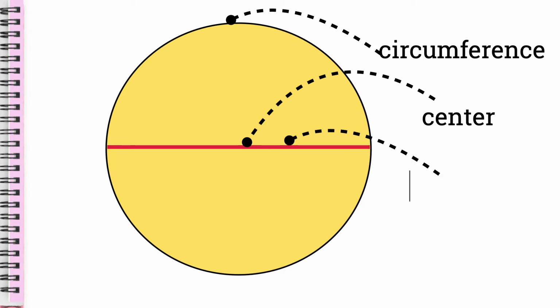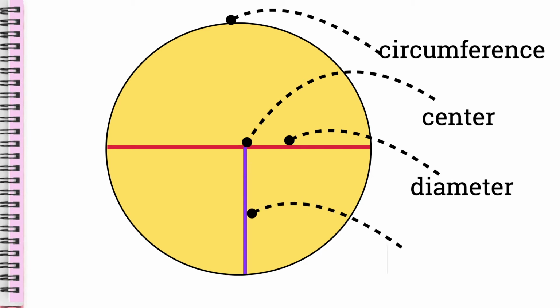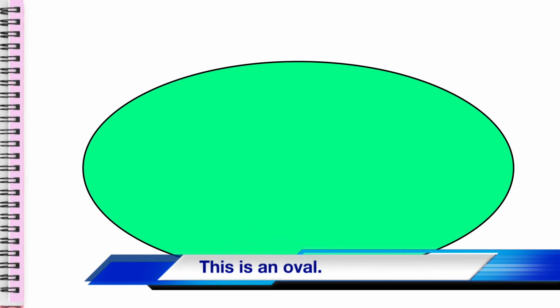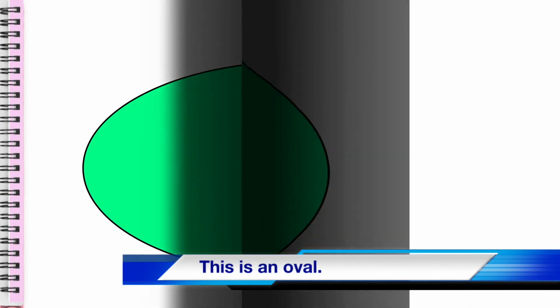The distance from the outer line to the other side of the line passing through the center is called the diameter. The distance from the center to the outer line of a circle is called a radius. The diameter is 2 times the radius. Examples of circles in real life are wheels of cars and bicycles. This shape is oval. The word oval originates from the Latin word ovus, which means an egg.